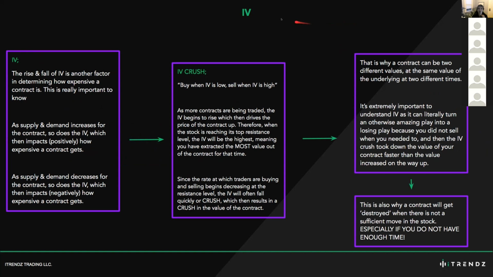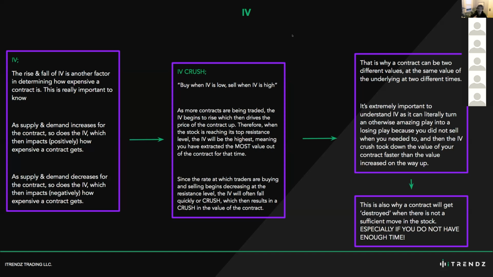What happens when you have an IV crush is, let's say Tesla is having just immense buying pressure. It's trending up and up and up, and you're riding the contract all the way up, and you don't sell at your resistance point, and all these sellers come in and bring Tesla all the way back down.